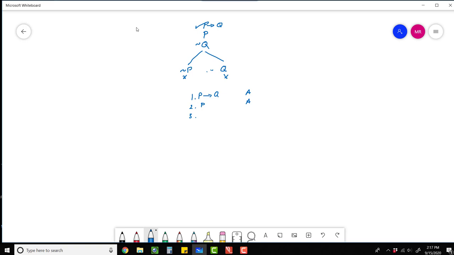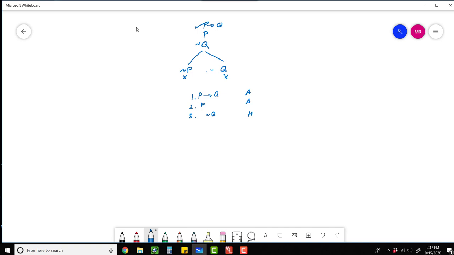The rule of negation introduction tells us to hypothesize the negation of the conclusion. Since the conclusion is supposed to be Q, we hypothesize not Q, and you'll remember hypothesis requires us to indent.